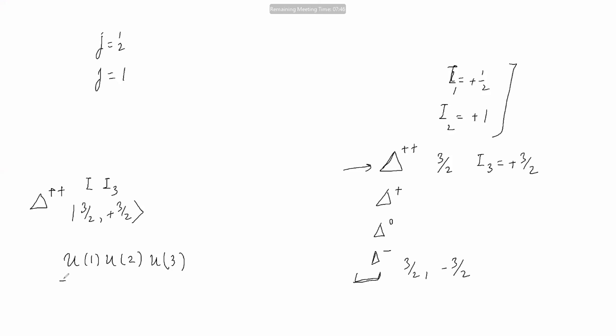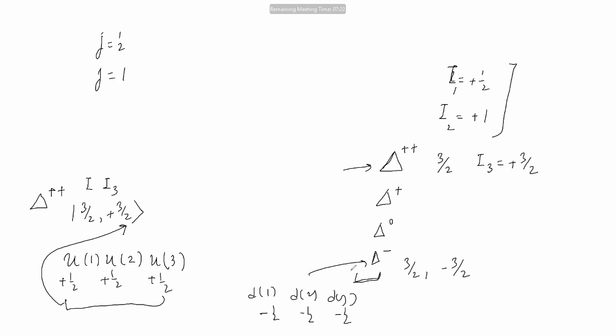Why? Because plus half projection, plus half projection, and the third plus half projection can only give you a net projection of plus 3 by 2, or minus half projection for d can give you I3 equal to minus 3 by 2. Then we write that if I wish to get a 3 by 2, plus 3 by 2 state, 1 plus 1, half plus half is giving me 3 by 2, plus 3 by 2.